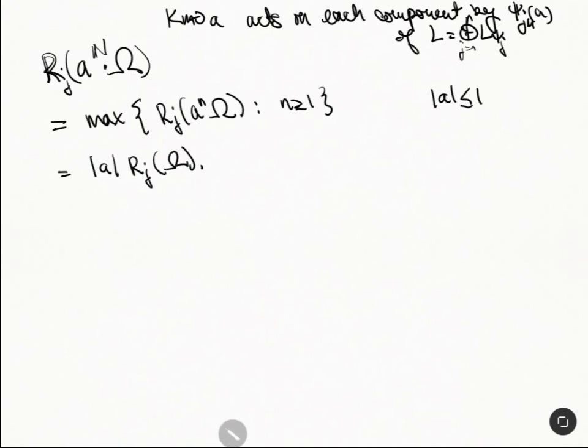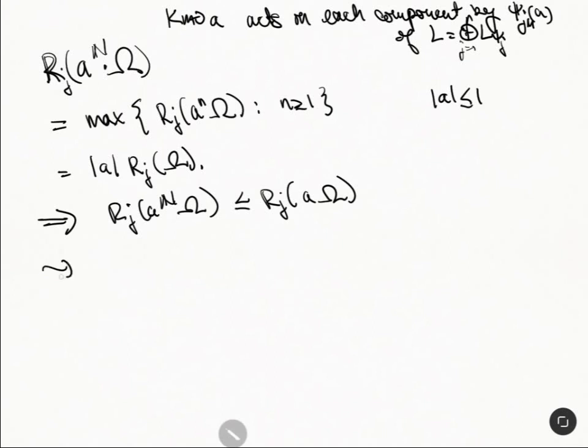Hence this implies that rj of a to the n omega is less than or equal to rj of a omega, right? And so this tells us that the whole of a to the n omega is contained in the whole of a omega, and that's it.